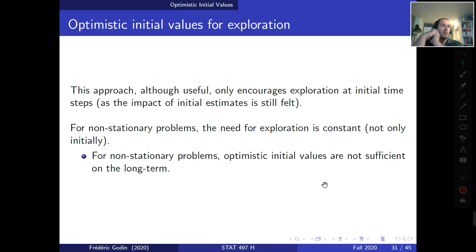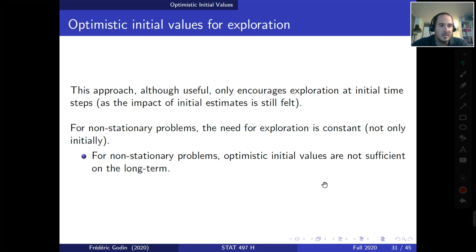So this approach might be useful, but a drawback associated with it is that it only forces exploration at initial time steps. Because let's say you set up overly optimistic estimates for the estimated value of all actions, then at the initial stage, as we mentioned, the learner becomes disappointed with all actions and tries them all.